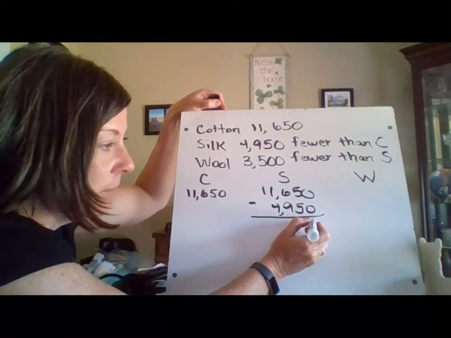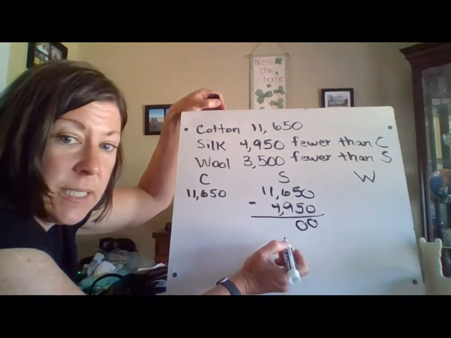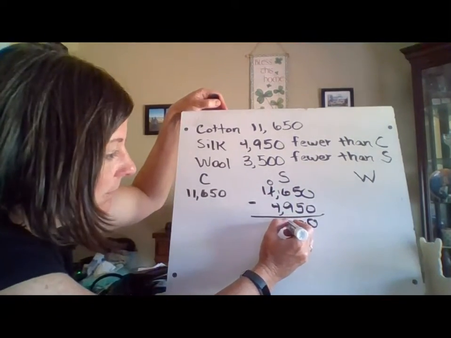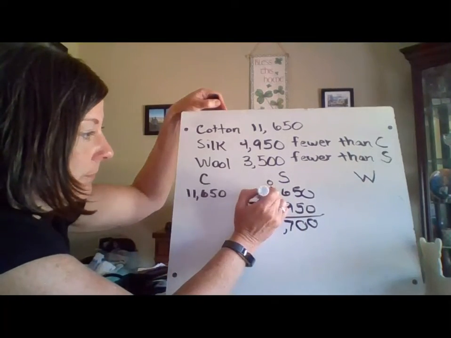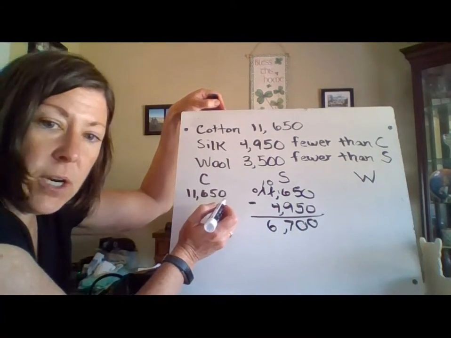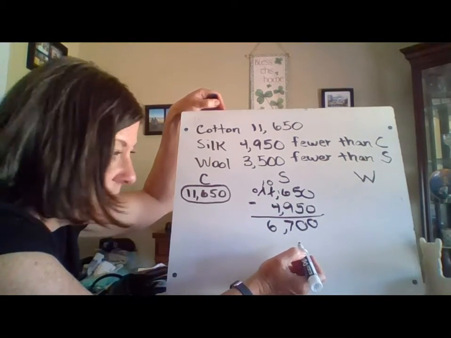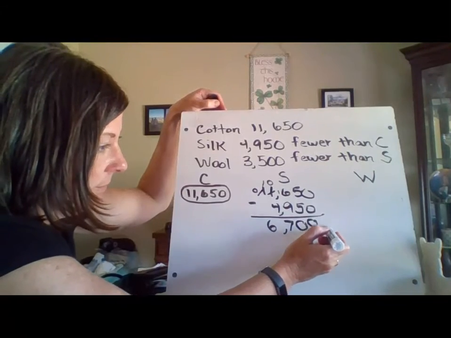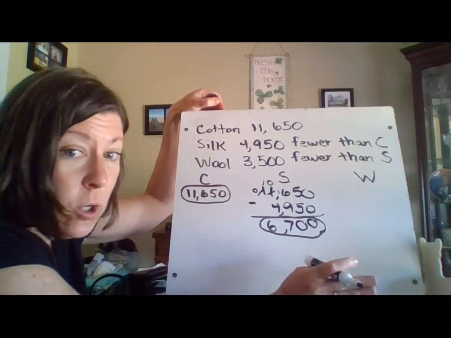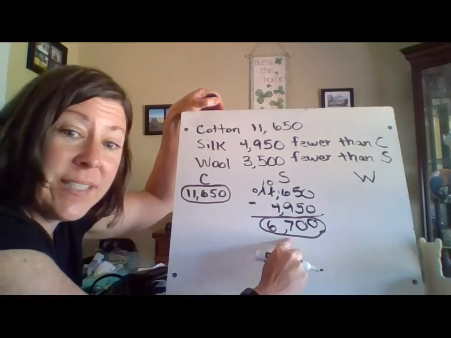0 minus 0, 0. 5 minus 5, 0. I cannot subtract 6 from 9. 16 minus 9 is 7. And then 10 minus 4 is 6. So far I have for cotton, 11,650. For silk, 6,700. Now I have to find wool. And they said wool was 3,500 fewer than the silk.